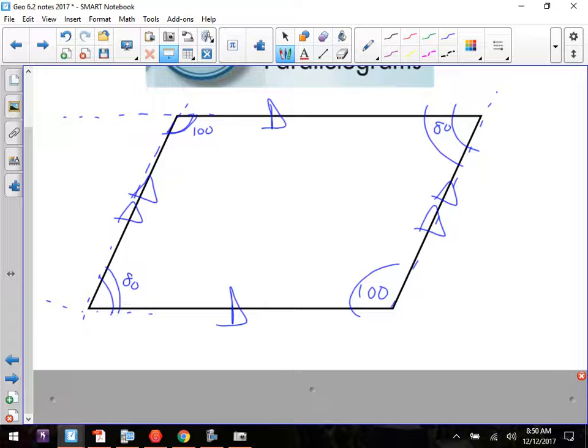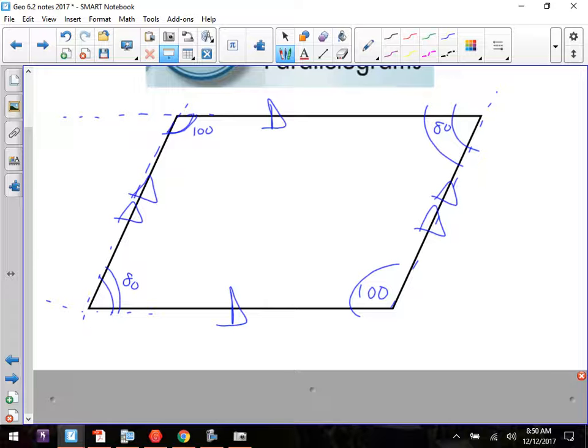Okay. What else do you remember? Oh yeah, that's a quadrilateral. What do you know about the sides?